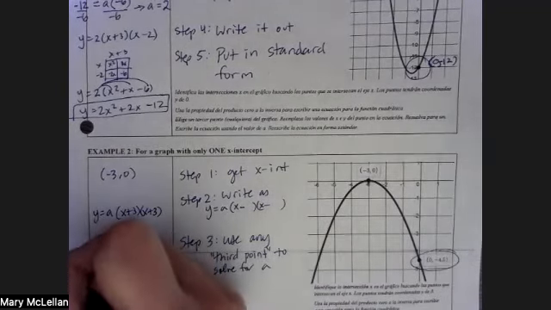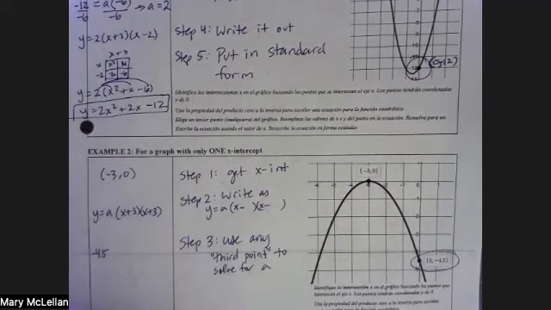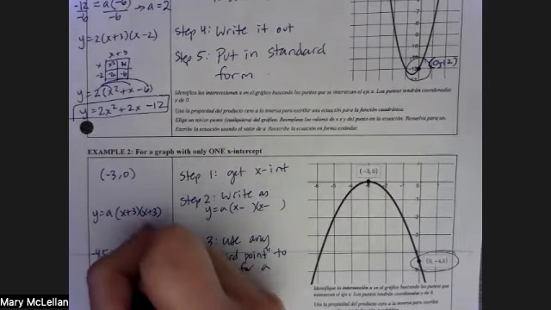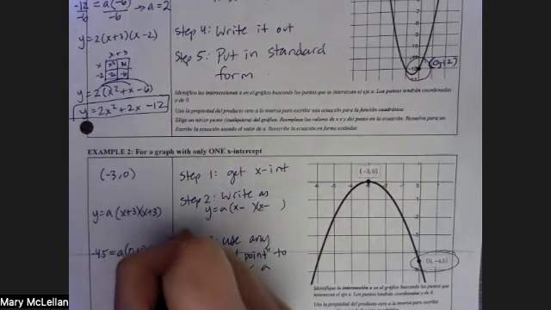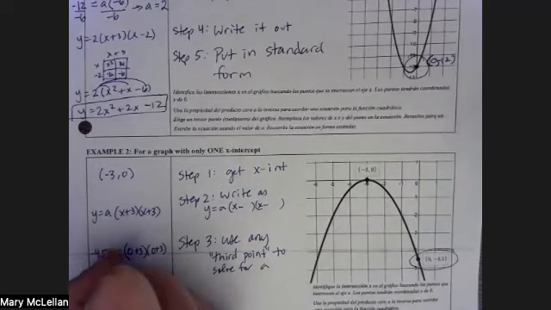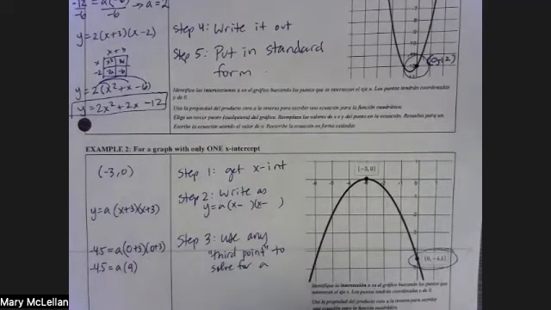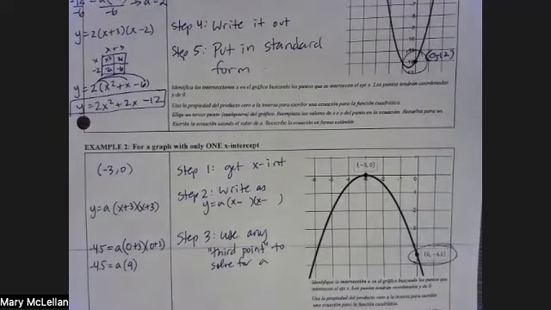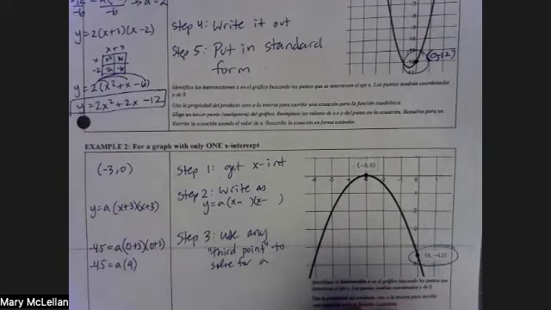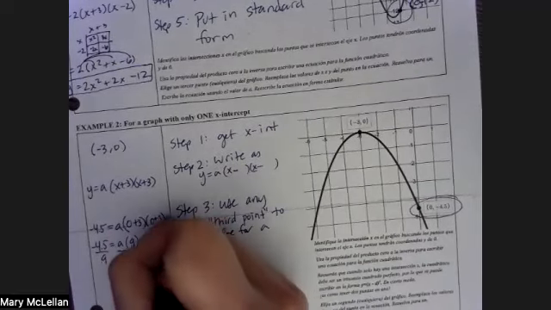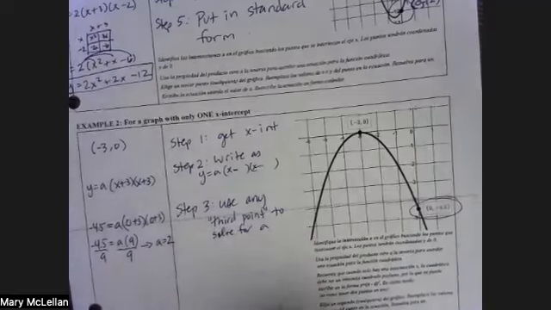So I plug in -4.5 for y: y equals a times 0 plus 3 times 0 plus 3. This becomes negative 4.5 equals a times 9. I divide both sides by 9, and I get that a is equal to 2.